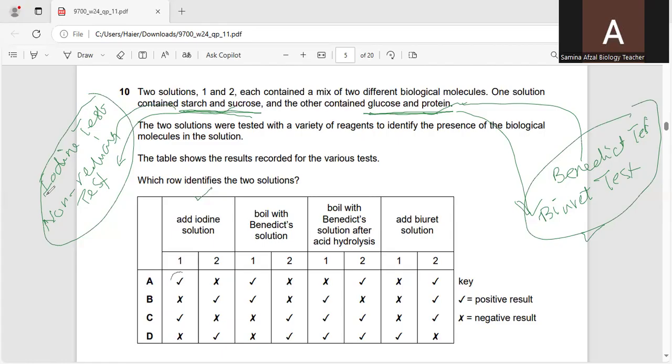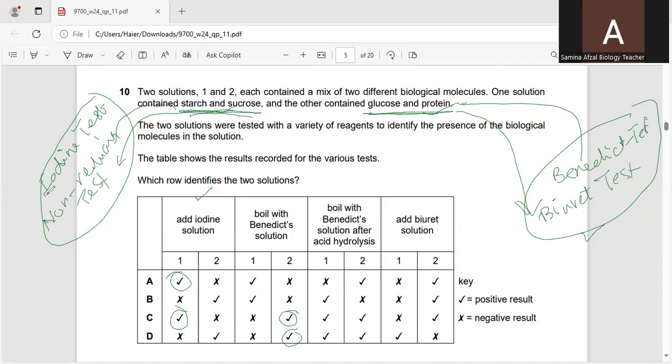With Benedict solution, glucose will give a positive test. So glucose will give the positive in group 1, while in the iodine test, non-reducing sugar, sucrose, and starch will give negative. So this is correct.